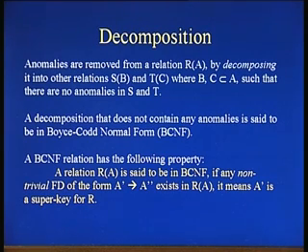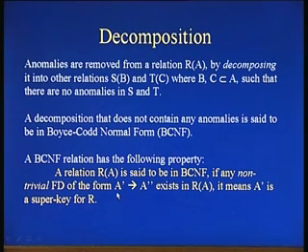So, a BCNF has the following property. Suppose we are given a relation R with a set of attributes A. It is said to be in BCNF if, for any non-trivial functional dependency, note the emphasis on the word non-trivial here, of the form A' determines A'', that means A'' is not a subset of A', A' is a super key of R. That is, there is no functional dependency of the form A' determines A'' in which A' is not the key.